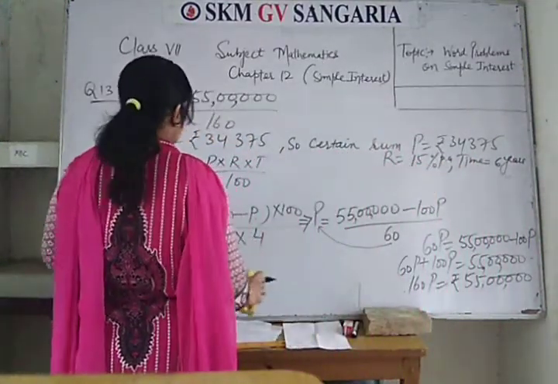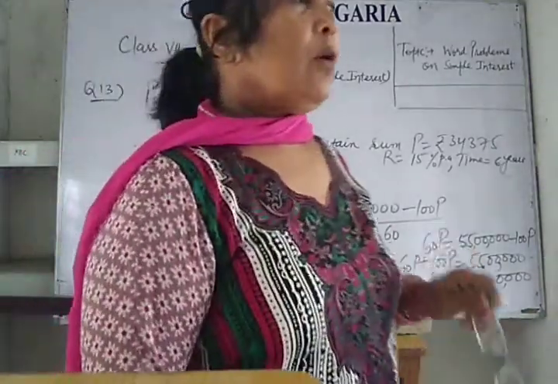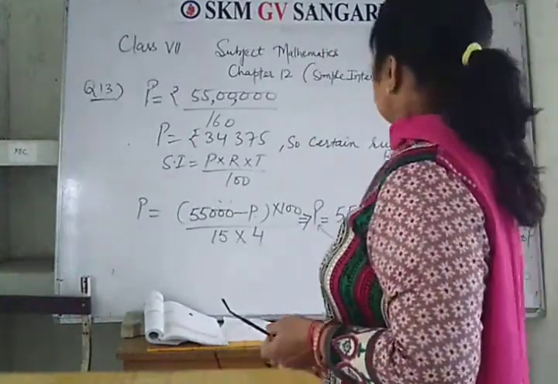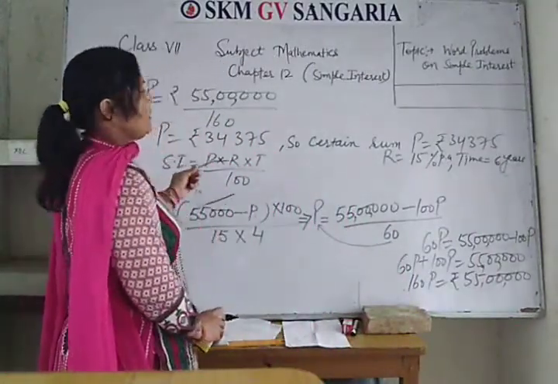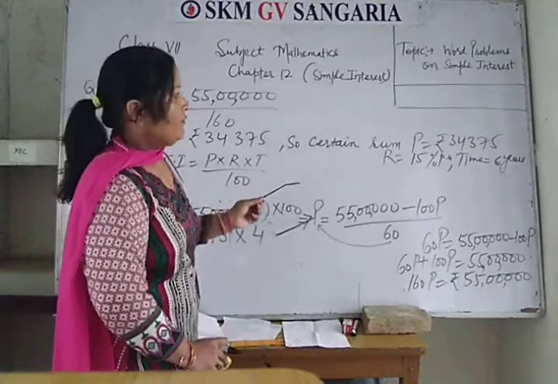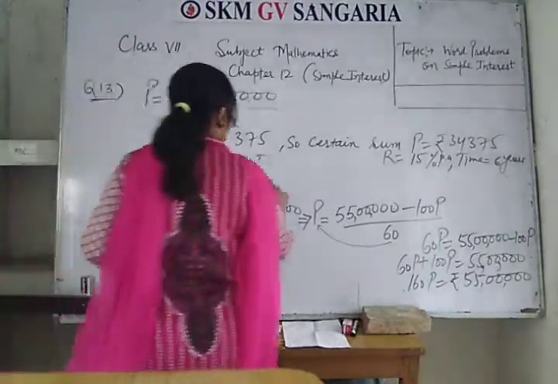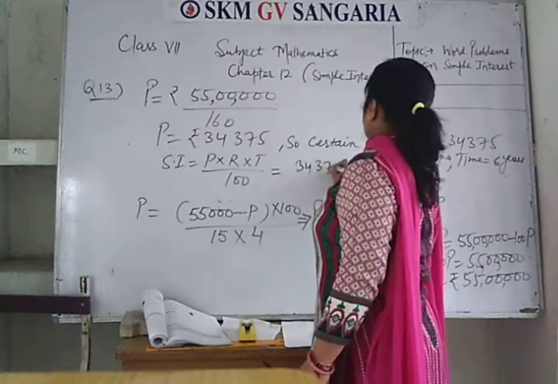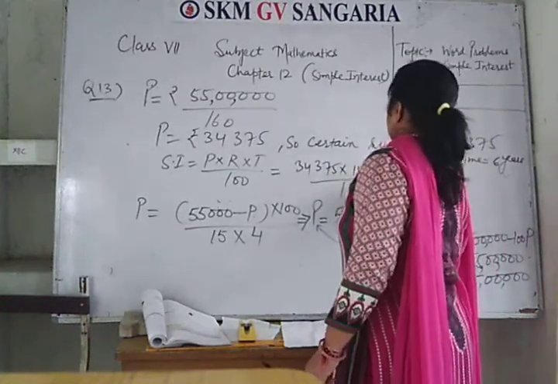Now, first of all, we will get the simple interest. Only then will we be able to find the amount. So, simple interest on principal 34,375 at the rate of interest 15% per annum for 6 years will be P into R into T divided by 100.